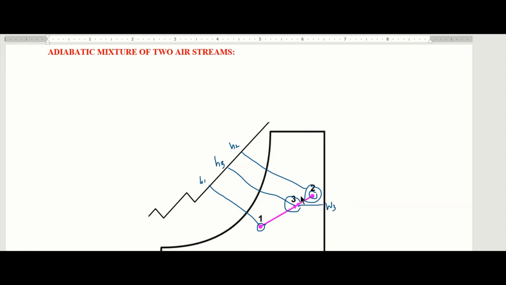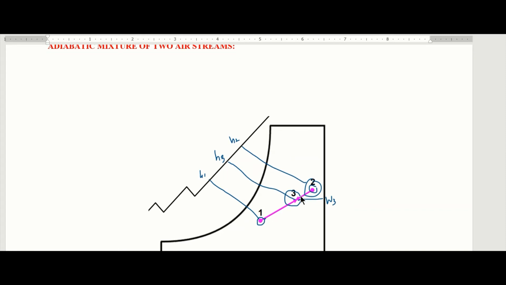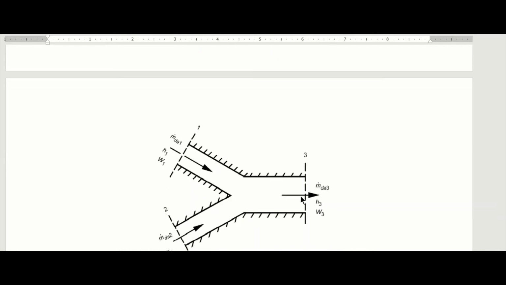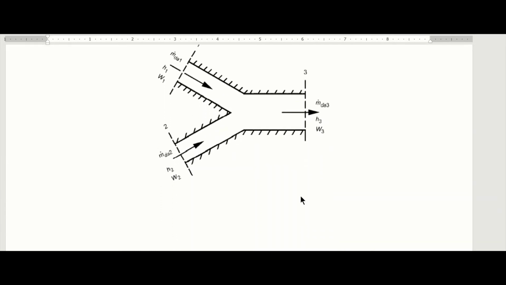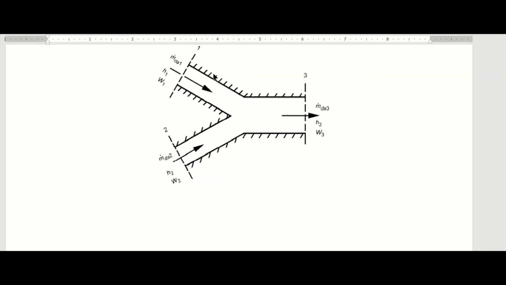Now many AC systems require the mixing of two air streams, as you can see on this diagram. Here is the first air stream with different properties, and here is the second air stream with different properties. So they enter the system and are mixed to produce a new air condition. Right?